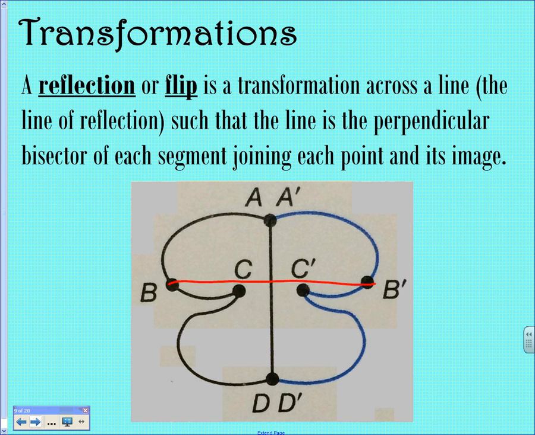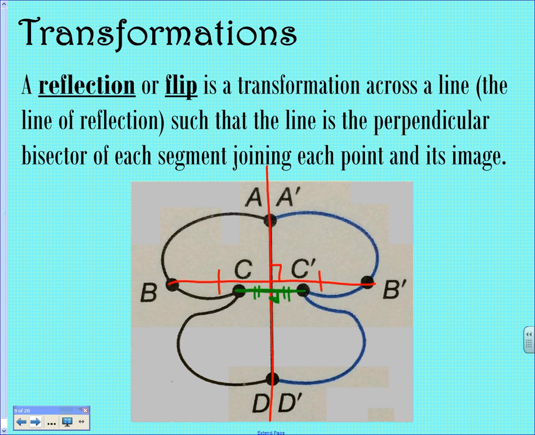If we drew a line from B to B prime, it is perpendicular to this line of reflection, and those distances are the same. Same thing with C. These are perpendicular, and the distances are the same. And that's always going to be the case on a reflection or a flip.